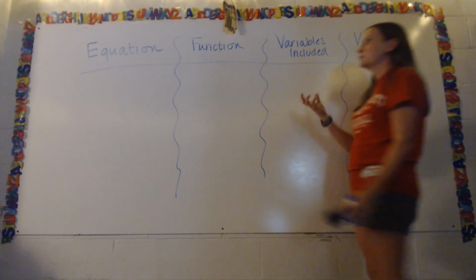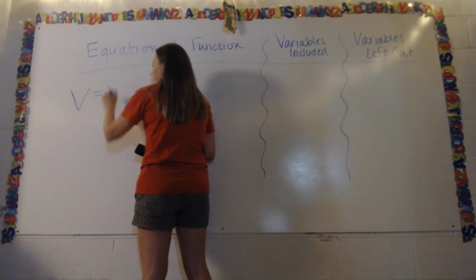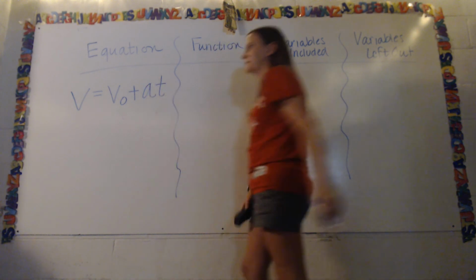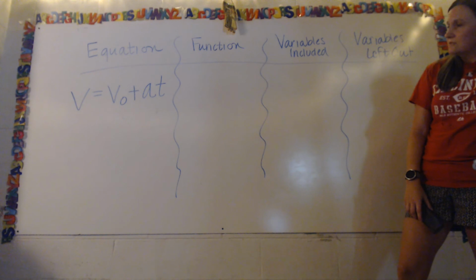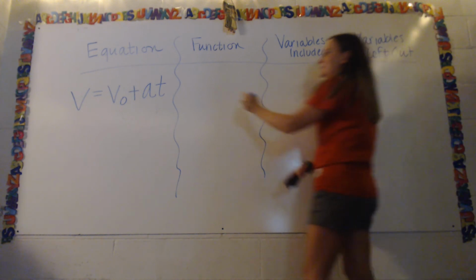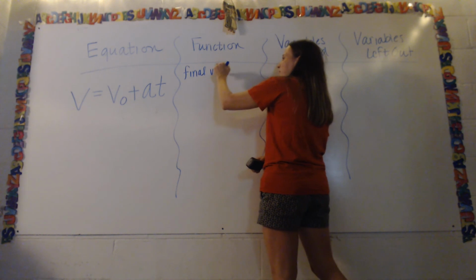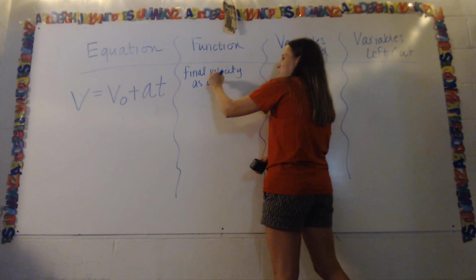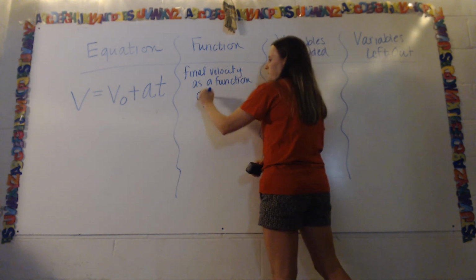So the first equation, just to restate it, the first equation was v is equal to v naught plus a times t. So when I say function, what I'm saying is this tells me the final velocity of an object as a function of time.